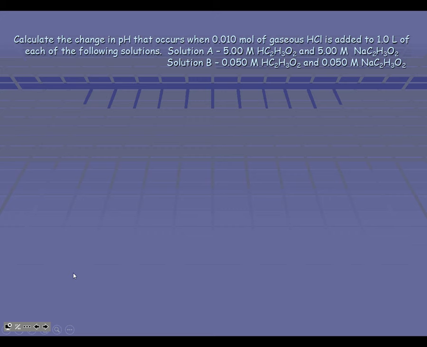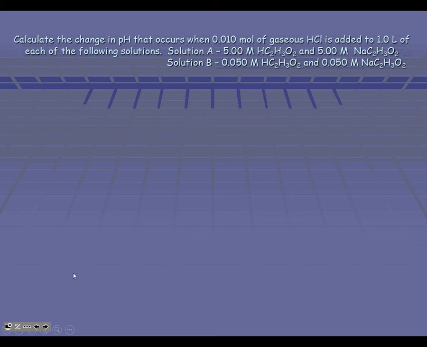Now, both of these solutions are optimal buffers, because if you look at the ratio of their components, they are both 1-to-1. So ideally, we should have very little change. Our pH should equal our pKa, but we have to factor in the buffering capacity as well.